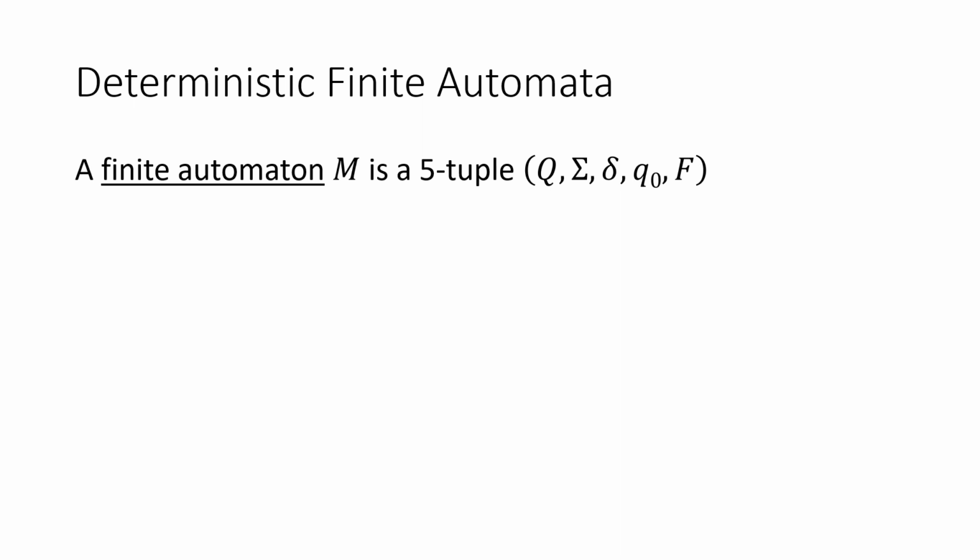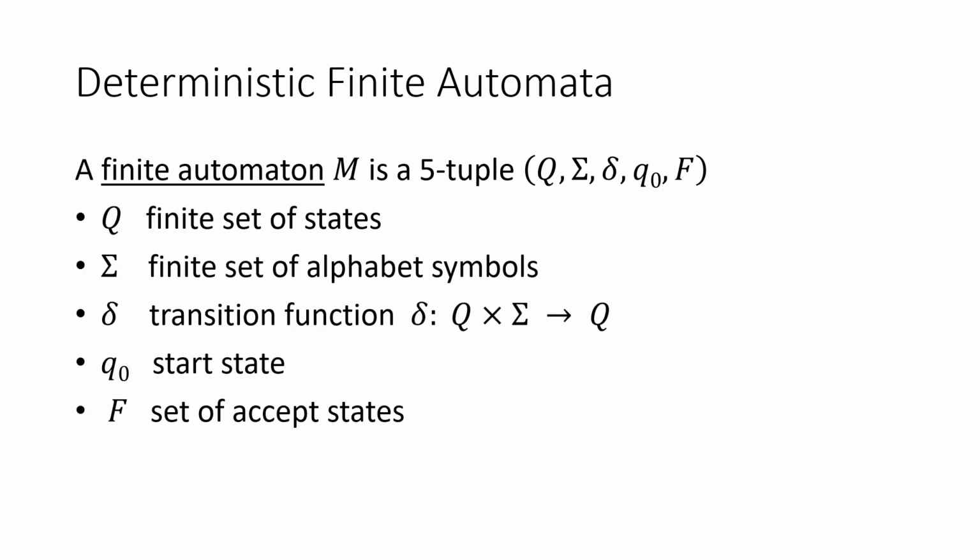The other review question I have for you is to remember the definition of a deterministic finite automaton. What do each of the elements of the 5-tuple Q, sigma, delta, Q0, and F mean? Q is the finite set of states.